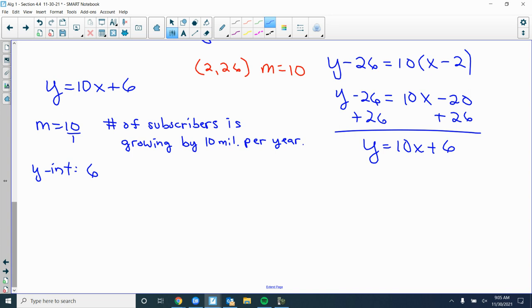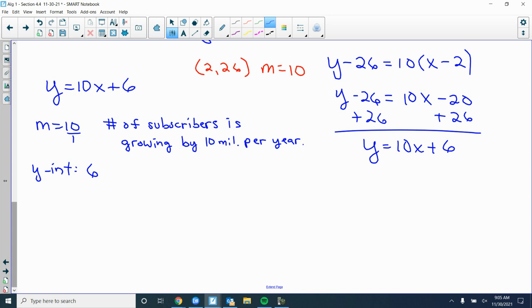All right, what does the 6 mean though? According to this line, what does the 6 mean? What is the x value at your y-intercept? Your x value is years, but for the y-intercept, the x value is always a certain number.